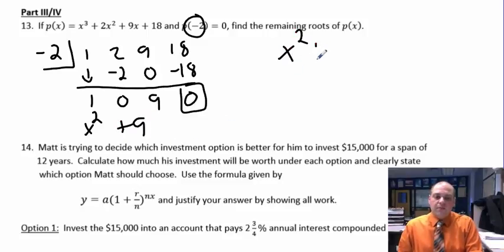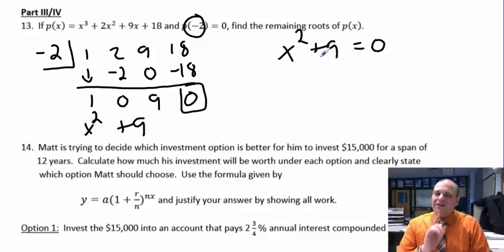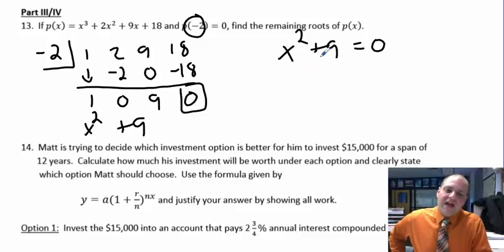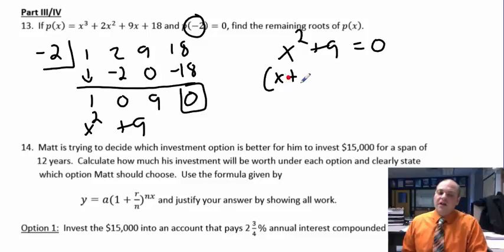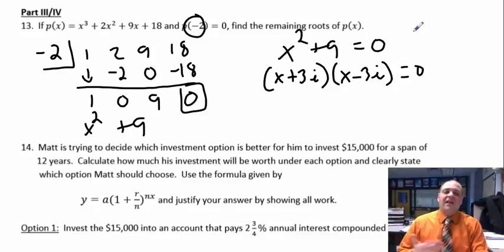X squared plus 9 equals 0. How do I solve that? Well, we did learn how to factor this, actually. This can be factored. If you remember, it can be factored x plus 3i, x minus 3i. Otherwise, you have to subtract 9 from both sides and take the square root.